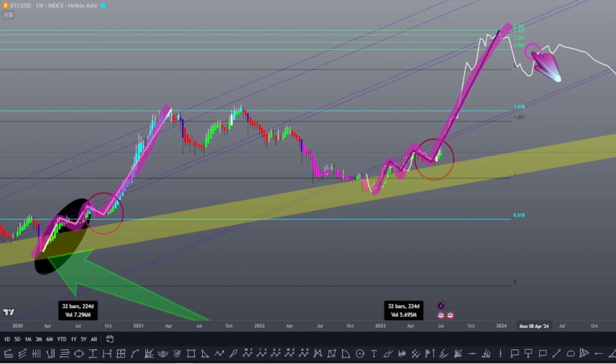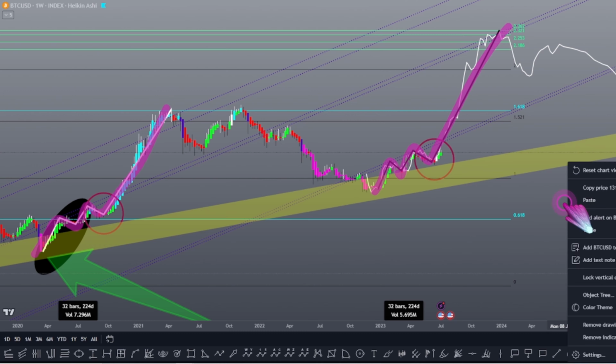And that's from the 2.186, 2.253, 2.321, and the 2.362. Each of those are taken from the lowest candle close to the highest candle wick, averaging in all of the previous bull market tops.